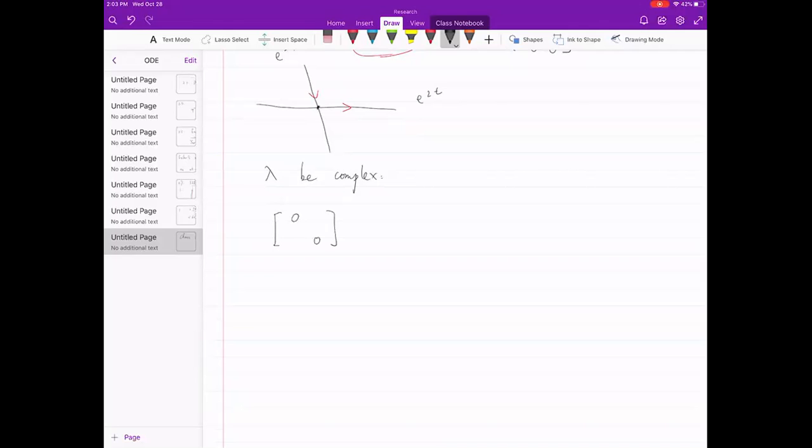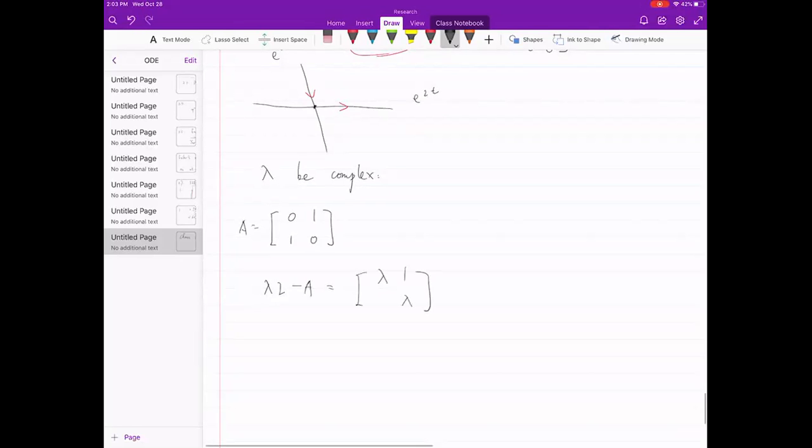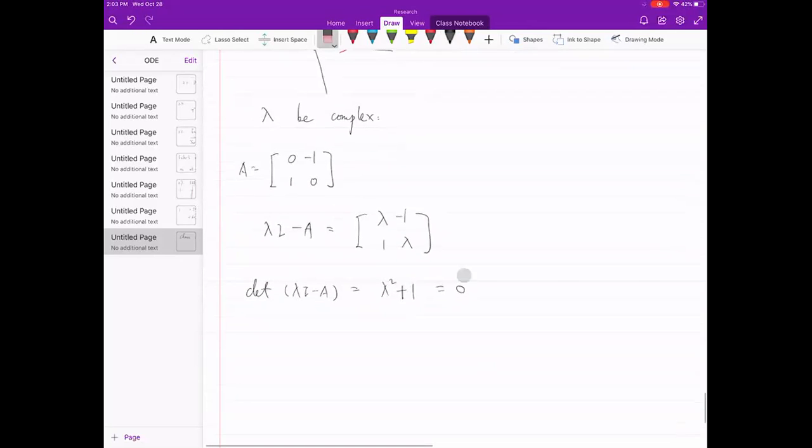Okay, let's take this to be 1, this to be 1. Lambda I minus A. Lambda 1, 1. The determinant is, which is still doable, but now if you put a negative sign here, this tells you lambda equals positive negative i.